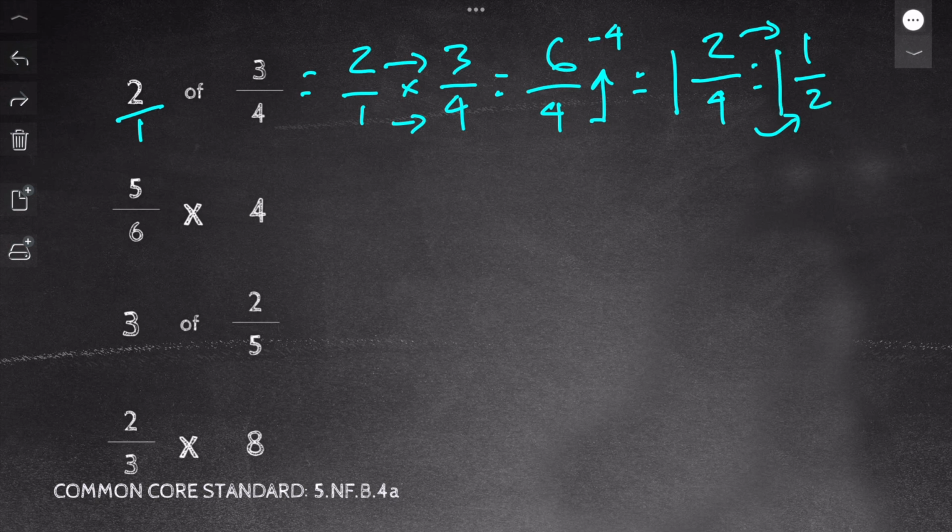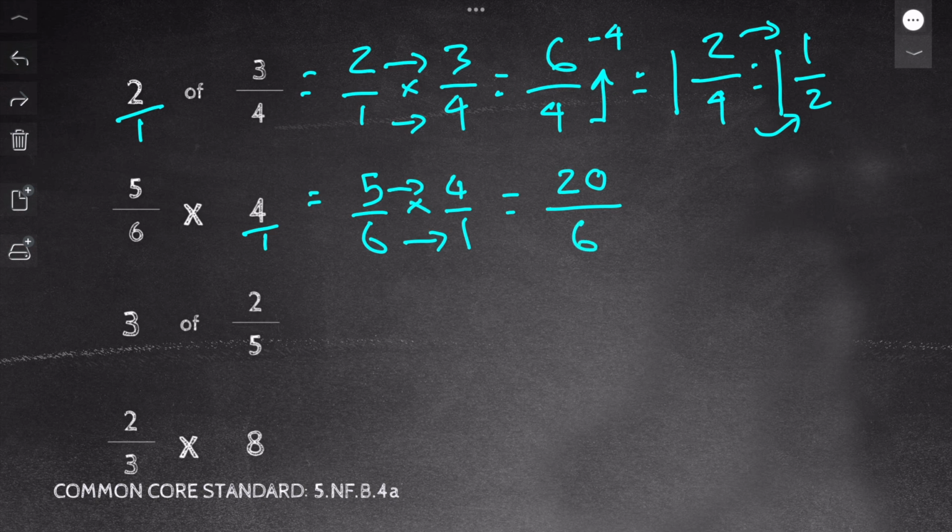For my next problem, we have 5/6 times 4. So I have to change my 4 into an improper fraction. Now I'm going to multiply 5/6 times 4 over 1. And 5 times 4 equals 20. And 6 times 1 equals 6. I know 6 can go into 18 3 complete times.